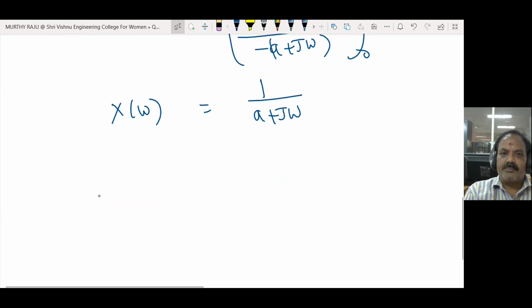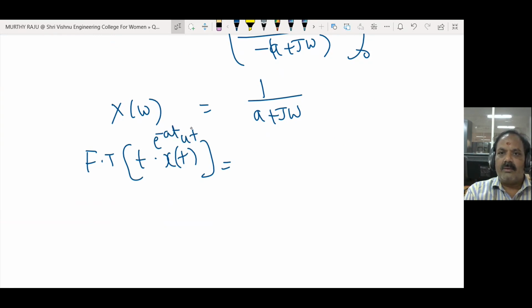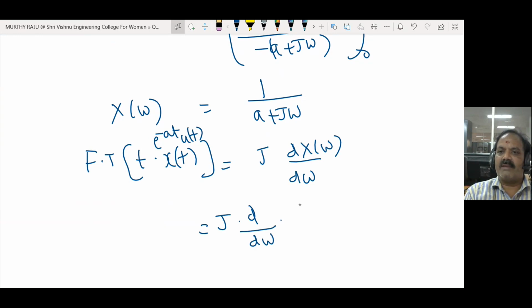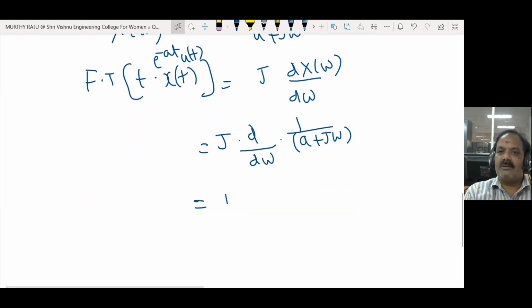We know that for the given problem, the Fourier transform of t into x of t, where x of t means e power minus at u of t, is j d by d omega of x of omega. Here j into d by d omega of 1 by a plus j omega is equal to j.